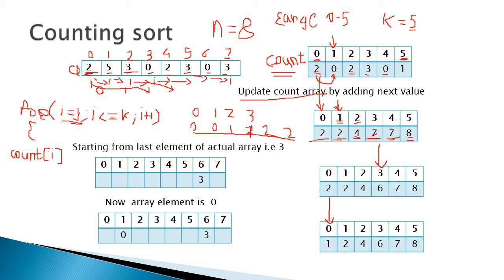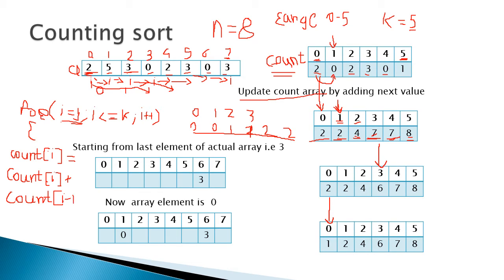Count of 1 is equals to count of i plus count of i minus 1.